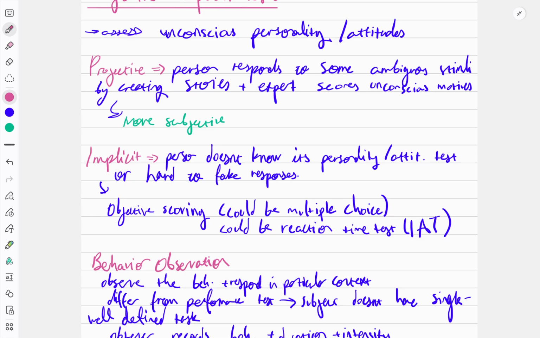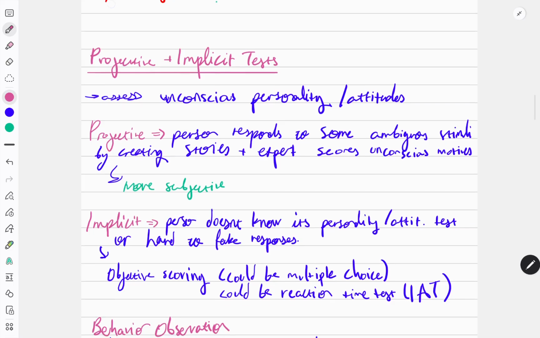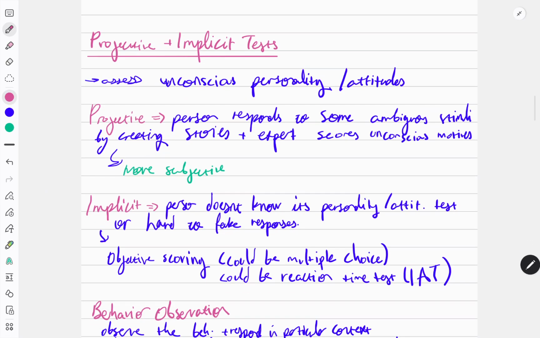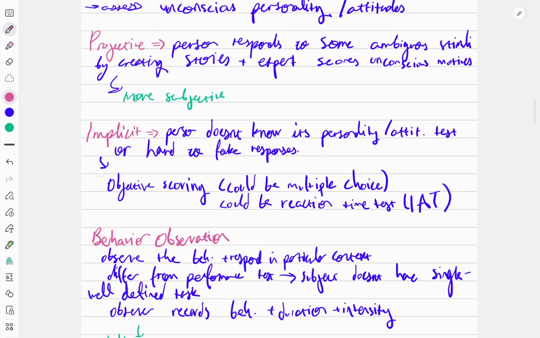So basically, we just ask them to respond to something ambiguous by creating stories, etc. So it's inclined to be examined in a more subjective way, because the expert is supposed to analyze the answers of the participants. But it can be a good way of finding out what the participant thinks about certain things.